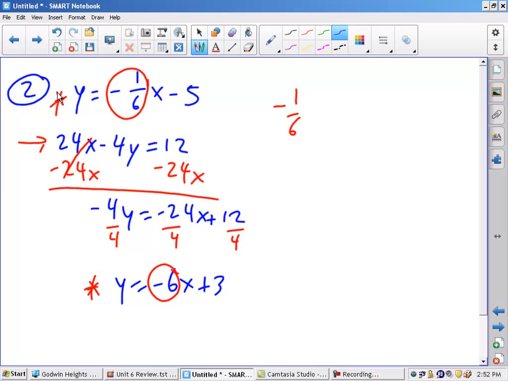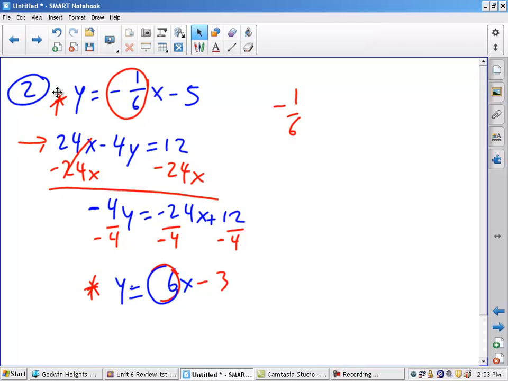Watch what I'm doing. This is negative 4 right here. So when you divide, you need to divide by negative 4 on all sides. I'm glad I did this, actually. This will actually be negative 3. I rarely do that, I'm sorry. So this should actually be positive 6. So it should be y equals positive 6x, and your slope is actually 6.